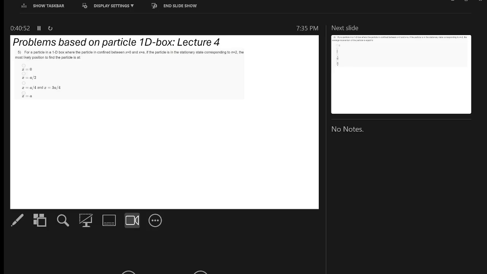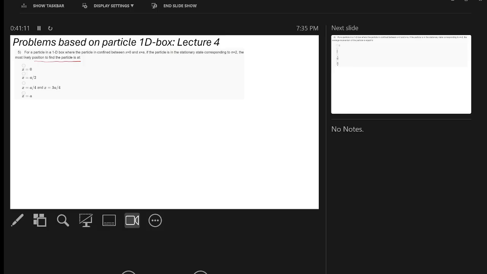Corresponding to n equal to 2, the most likely position can be found. So there are two ways to solve this problem. First, you can simply plot and see.